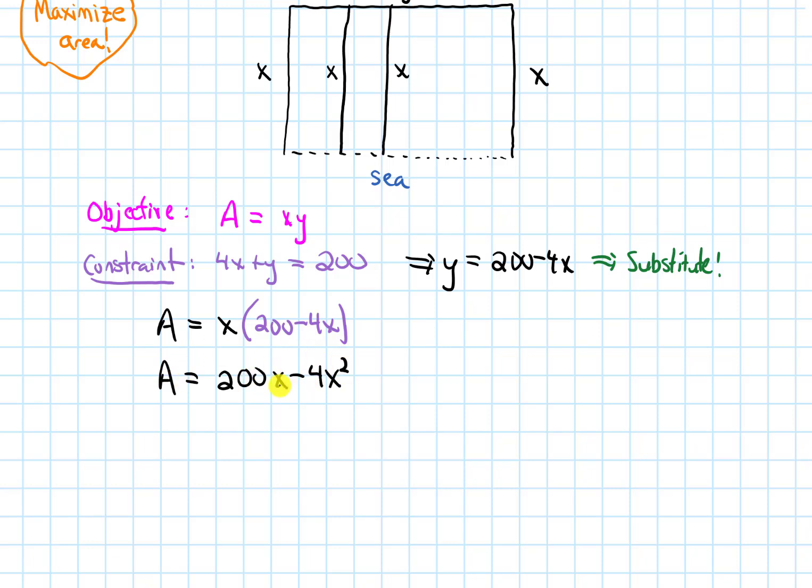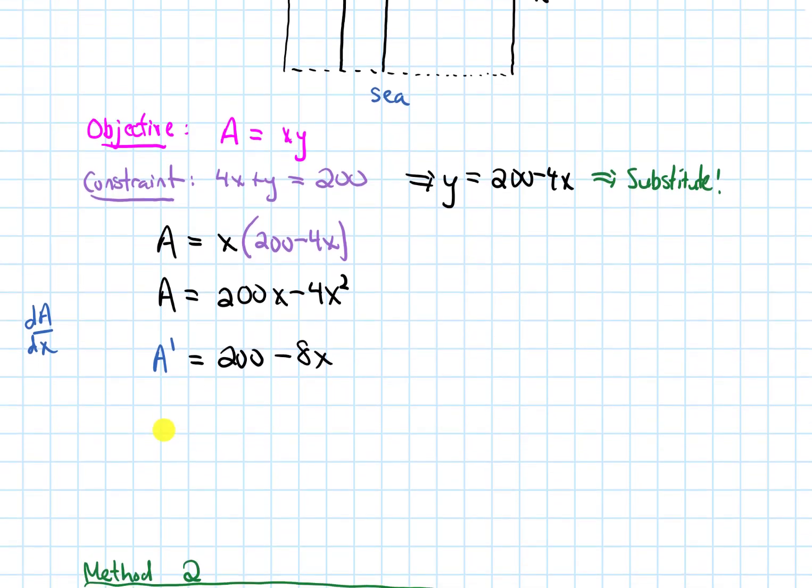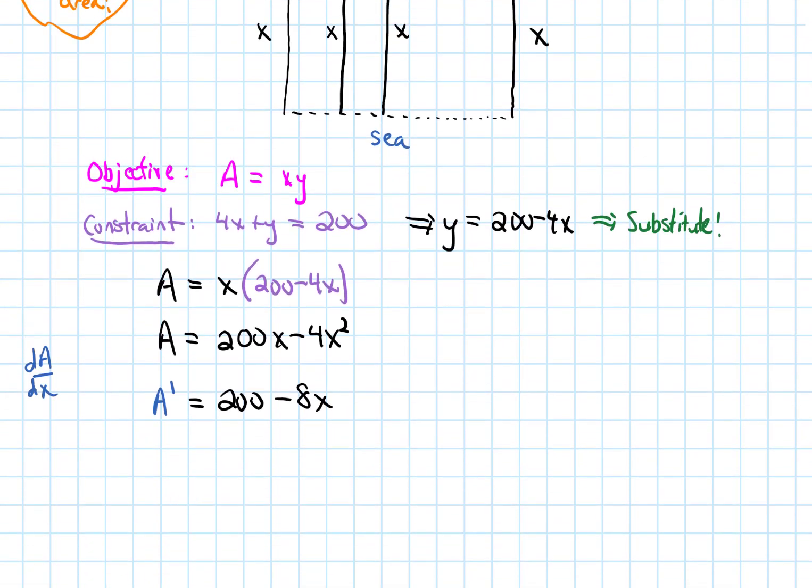Now I have a function that's in terms of just 1 variable, and we know how to maximize and minimize things like this. We take the derivative. So here we're going to take the derivative with respect to x. When we do that, we'll get A prime. I could also write dA/dx, because it's with respect to x. And that equals, so the derivative on the right is 200 minus 8x. So we will need to know when is this equal to 0 and when is it undefined. So let's set this whole derivative equal to 0.